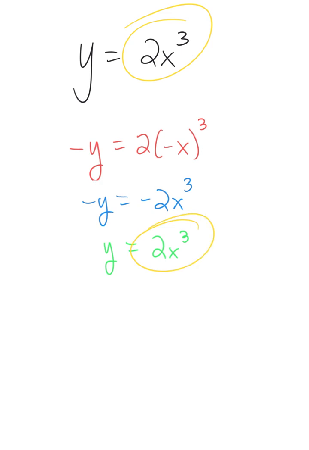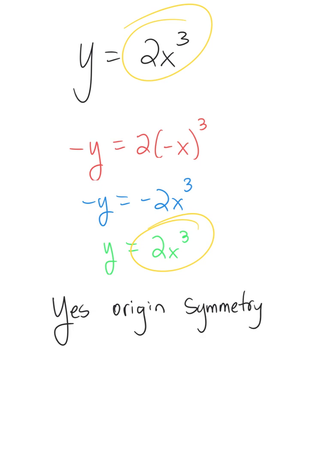Well, these are the same. So this would be a yes. This is origin symmetric, because the equations are exactly the same. So here we are testing for origin. I'll go ahead and highlight that. That was origin symmetry for this one.